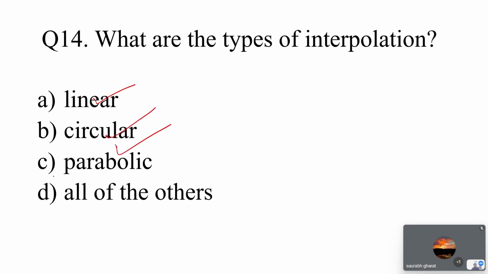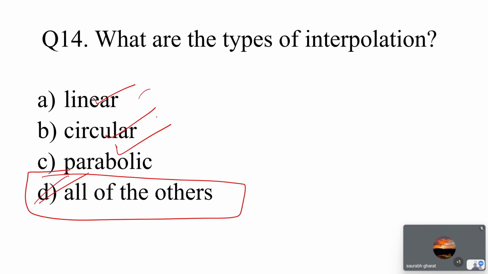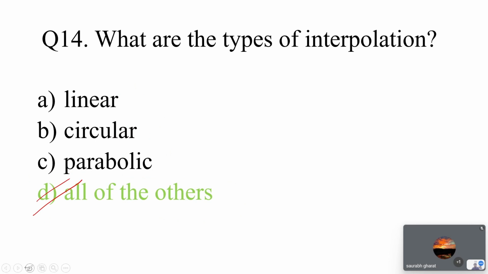Circular and parabolic. Okay, so all of the above is the correct answer because we use all of them in the actual machine.